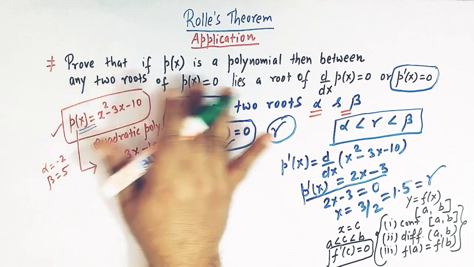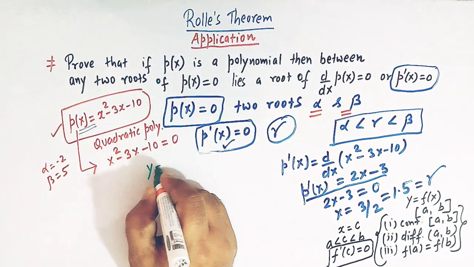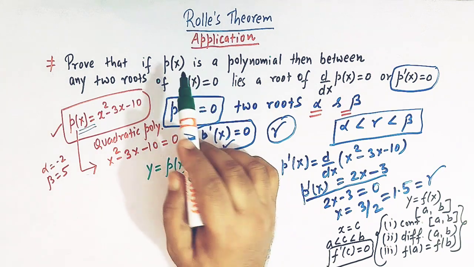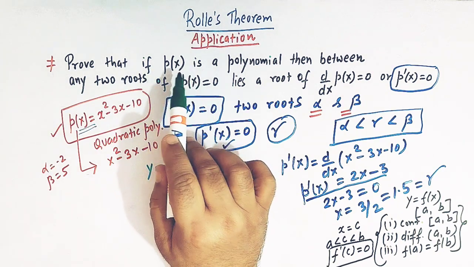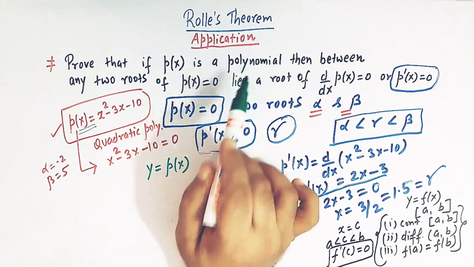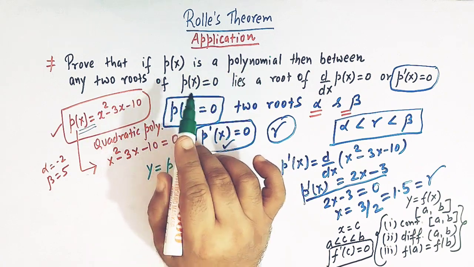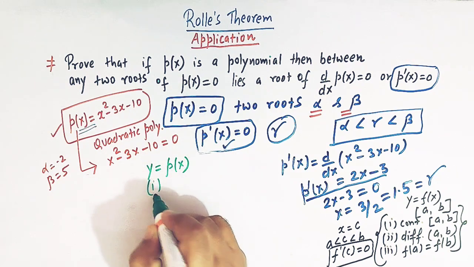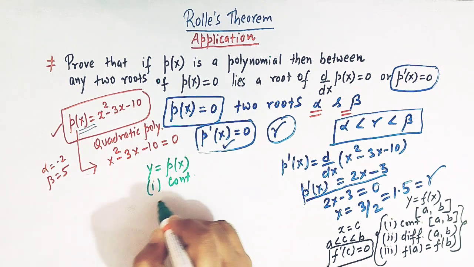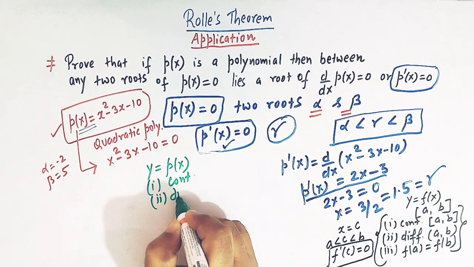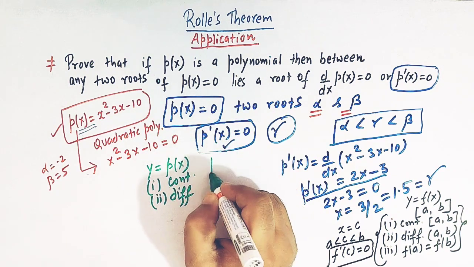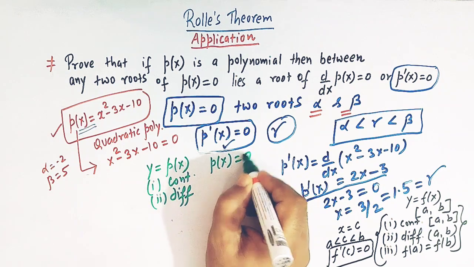So for this problem, let us take the function as y is equal to p of x. And here we are given that p of x is a polynomial function. Since all the polynomial functions are continuous and differentiable, we have the polynomial equation p of x is equal to 0.